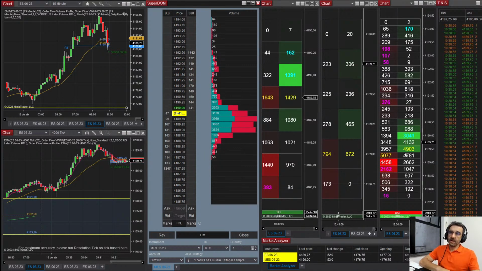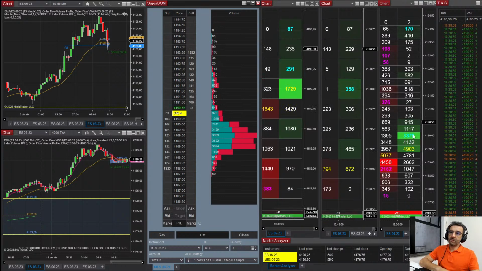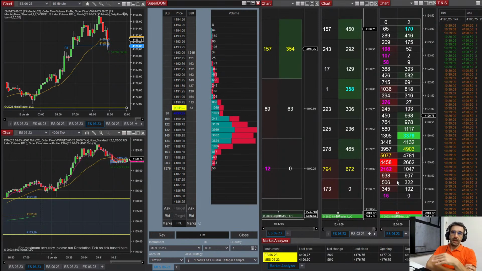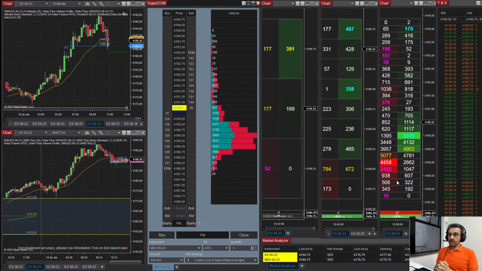And look here, we have 4,000, 3,000 contracts on each side. It's a huge amount for an opening, and for any point of the session. It's a huge struggle. It's a huge amount of contracts traded.